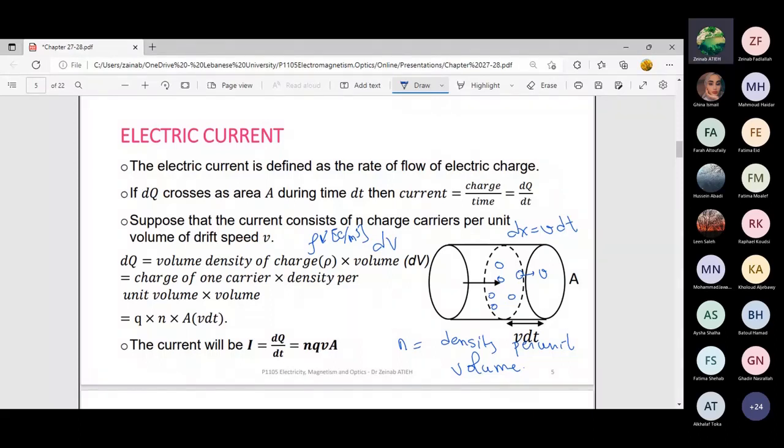Now, what is the relation between rho and n? N is the number per unit volume, while rho is the charge per unit volume.